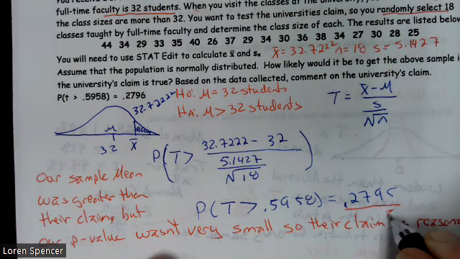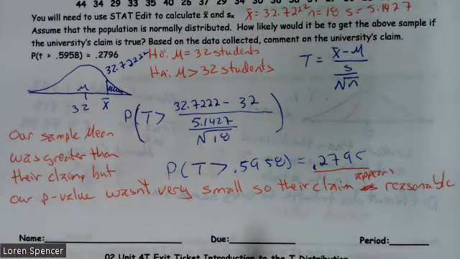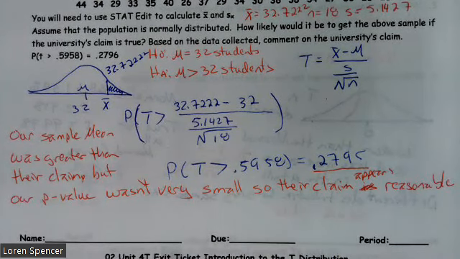The claim appears reasonable. In other words, we're not going to reject their claim. All right. Yeah, our sample mean was bigger, but not substantially larger than theirs. So we don't reject their claim. They're probably telling the truth or close to it.